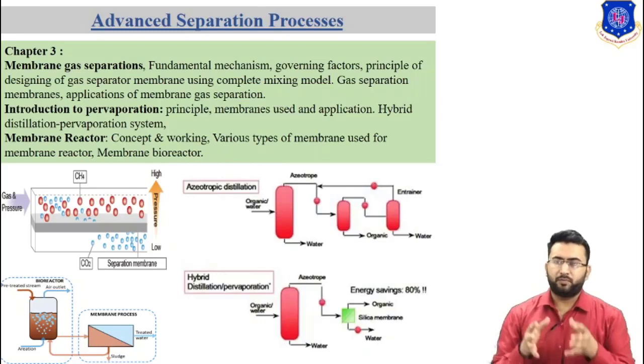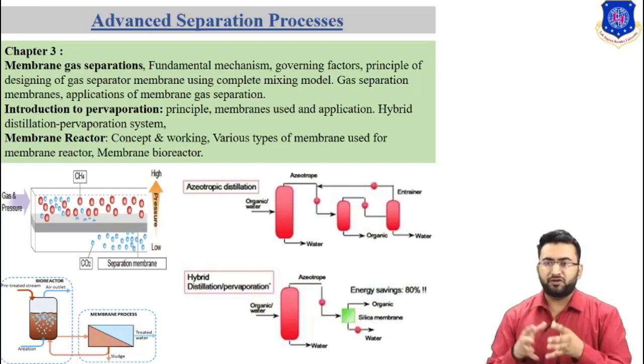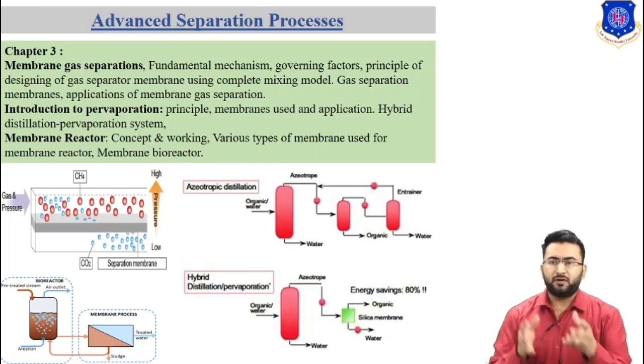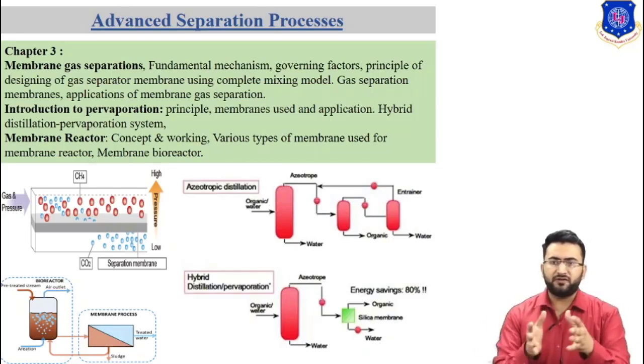Then we'll talk about the pervaporation technique, the principle of pervaporation, membranes used and applications of pervaporation, and the hybrid distillation pervaporation system. So what is the meaning of a hybrid distillation pervaporation system? To understand this, let's consider one example: a solution of an ethanol plus water mixture.